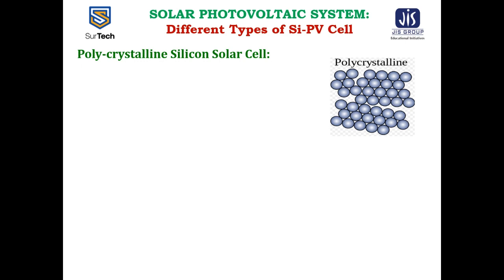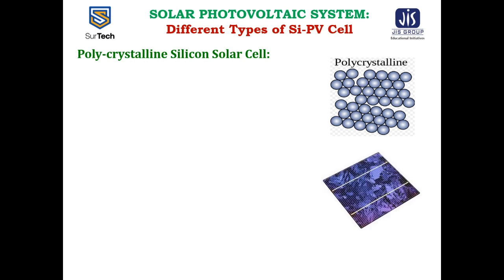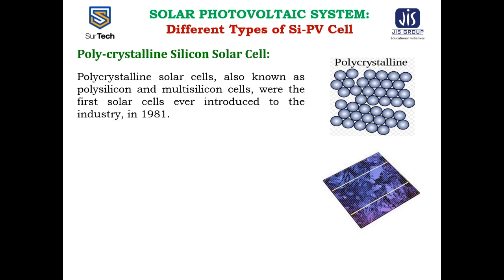Additionally, other methods for forming the smaller grain polycrystalline silicon exist, such as high temperature chemical vapor deposition, that is CVD technique. So this is the polycrystalline based silicon solar cell.